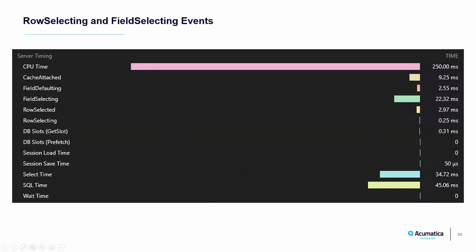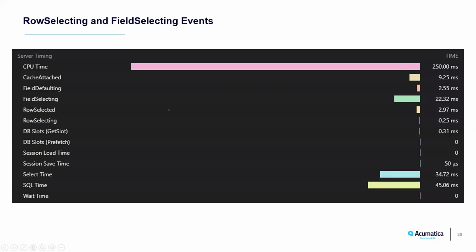If you see that field selecting is taking the most time, it may mean two things. It may mean that there is still some heavy attribute that has some heavy logic in field selecting, but even just having a lot of fields in your data access class, and each field having its own PXDB field attribute, something like PXDBInt, PXDBString, whatever, it may cause that field selecting to grow, and grow.